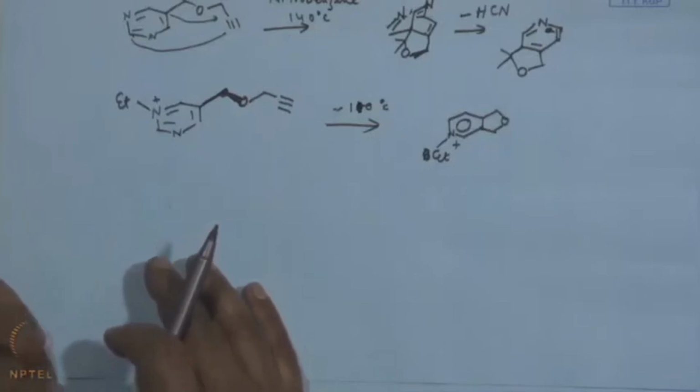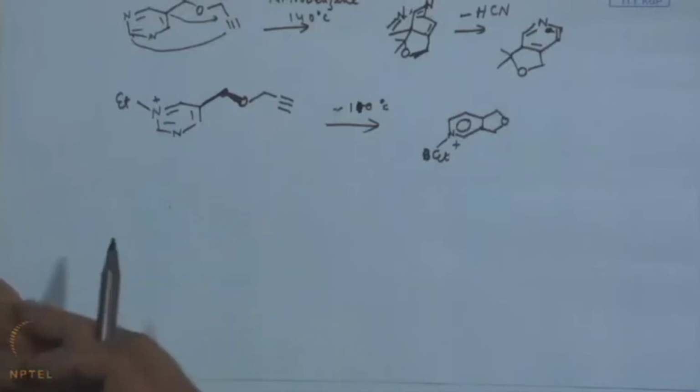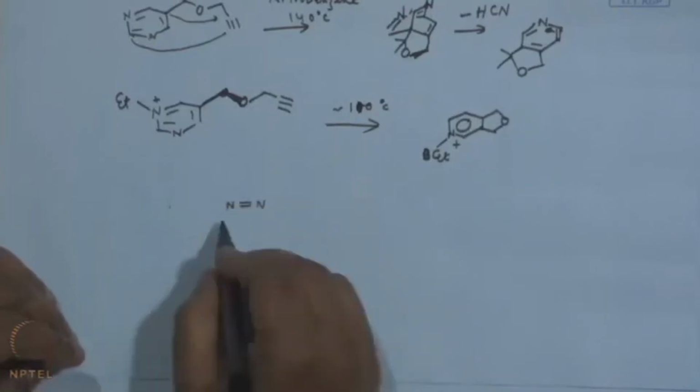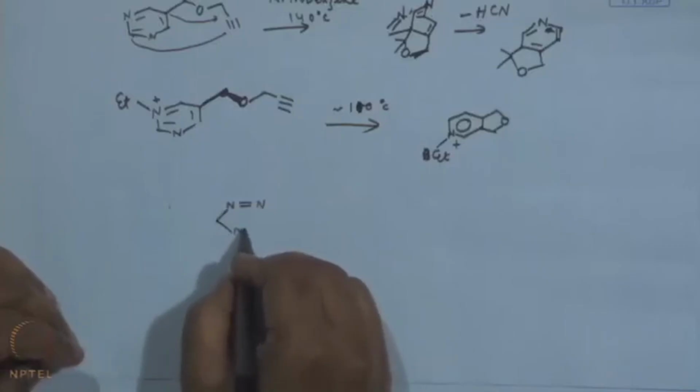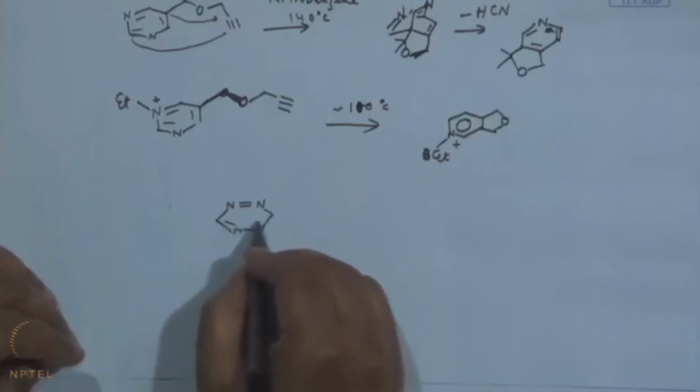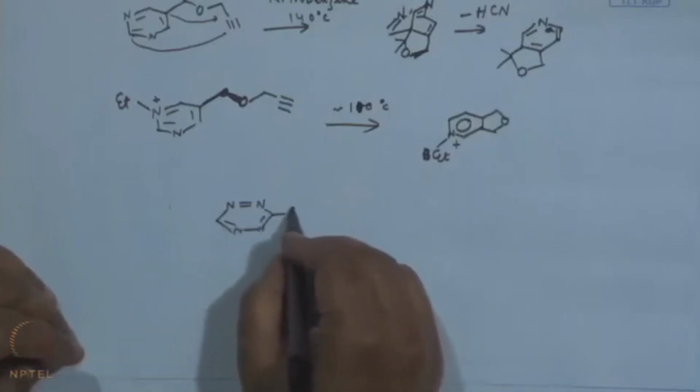Actually tetrazine, which is very popular in heterocyclic chemistry, is a molecule of this kind, a symmetrical one, nitrogen here and this nitrogen, and this is ester, and normally let us say it is a methyl.